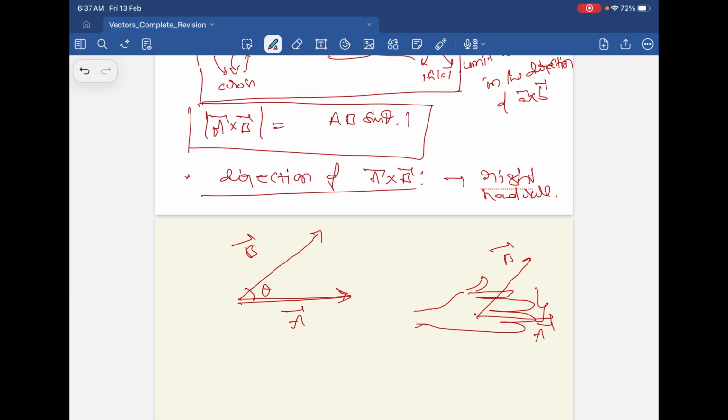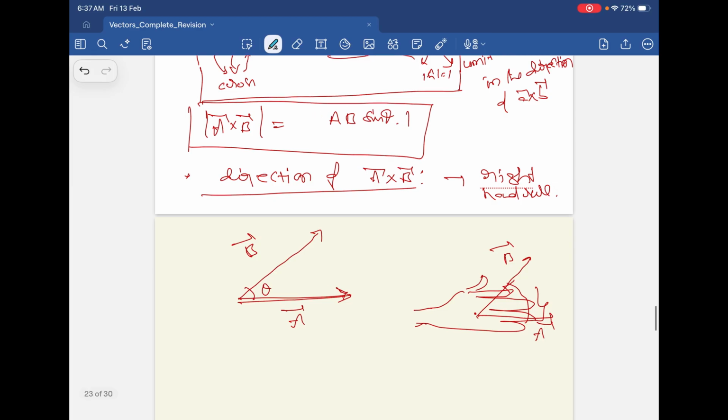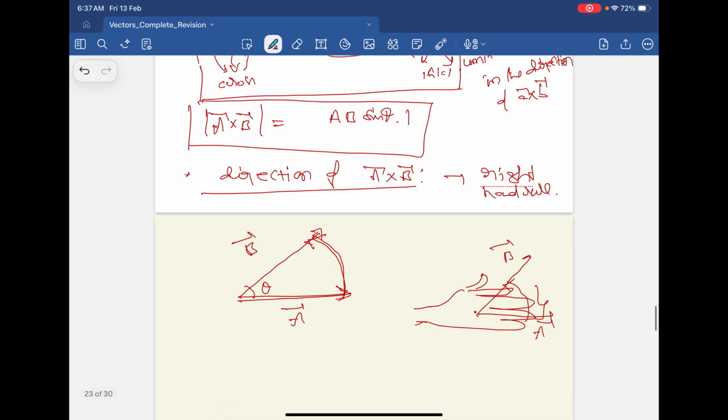Then rotate the fingers from A to B. You should practice this. First take your vectors and make your palm parallel to A, in the direction of A. Then curl, which means rotate into the plane of the paper, towards B. So you have to rotate from A to B. When you rotate from A to B, the thumb gives the direction of A cross B.